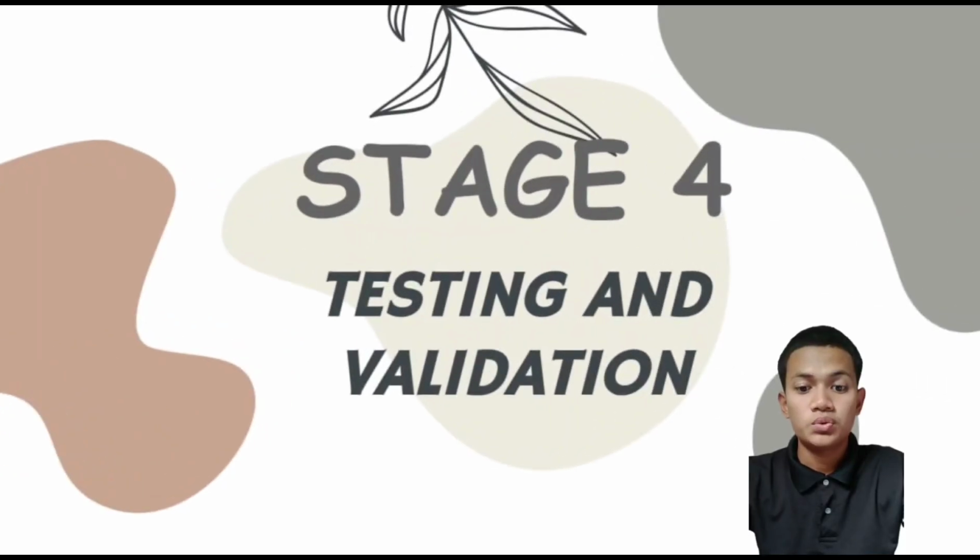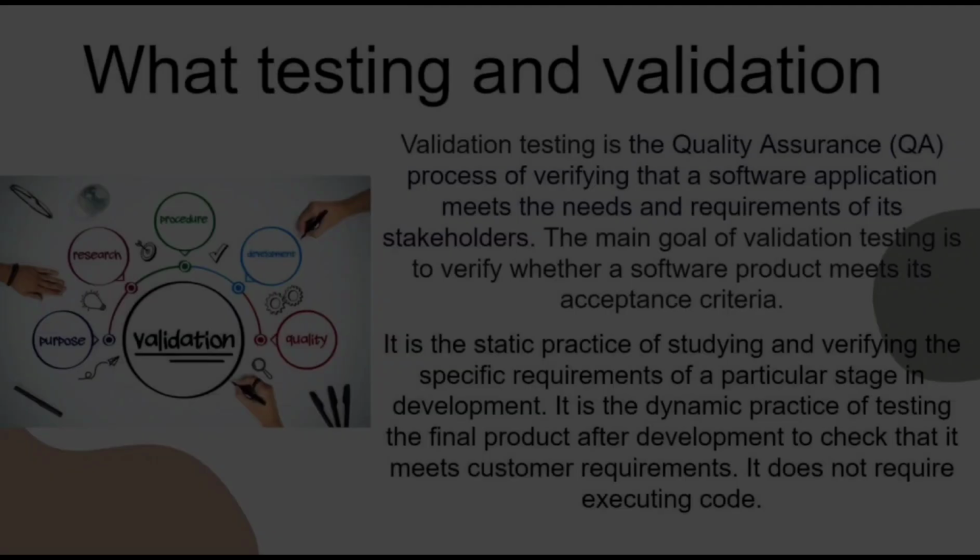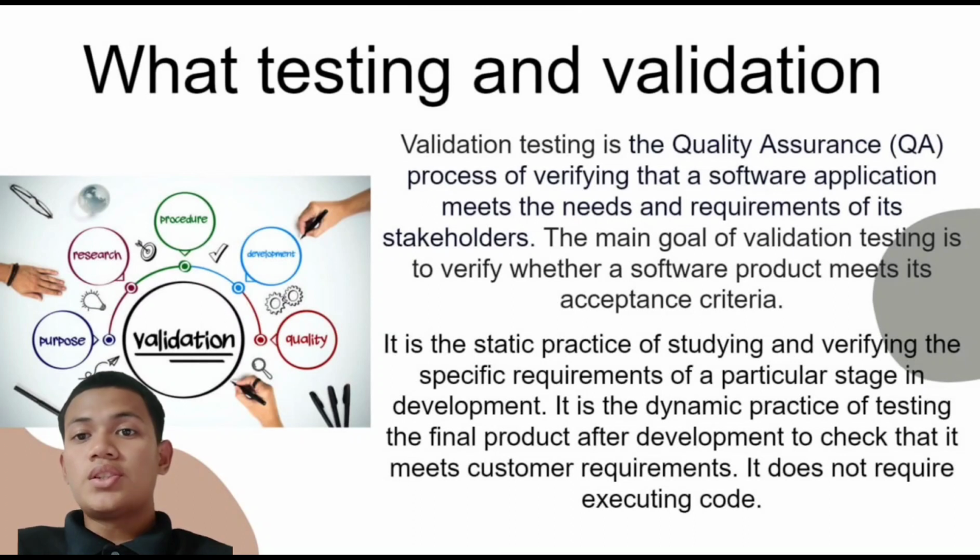I will continue. Stage 4, testing and validation. What is testing and validation? Validation testing is the quality assurance process that verifies that a software application meets the needs and requirements of its stakeholders. The main goal of validation testing is to verify whether a software product meets its acceptance criteria.